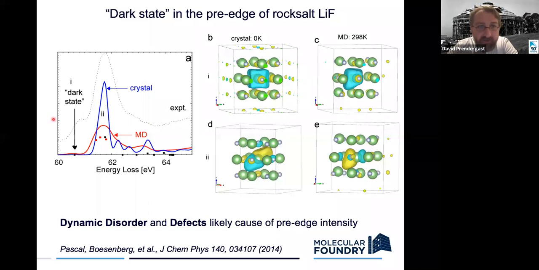And so I have an experiment here in the dashed line. Hopefully you can see that. This is for lithium fluoride, rock salt. And what you see is that this very strong peak here has a pre-edge that's pretty bright.